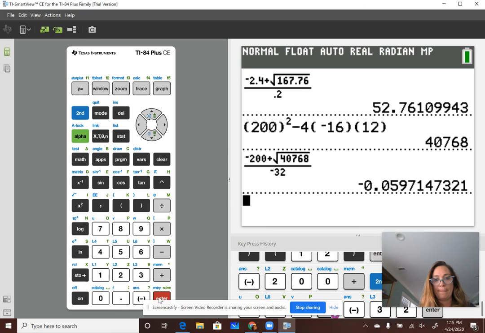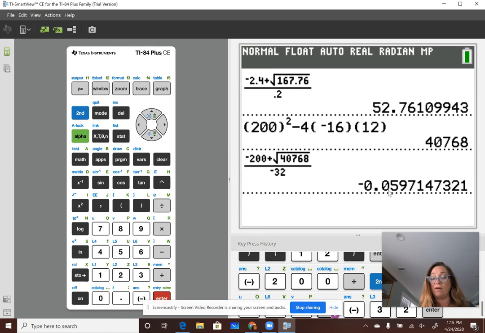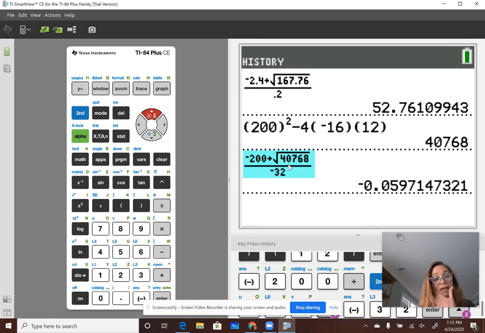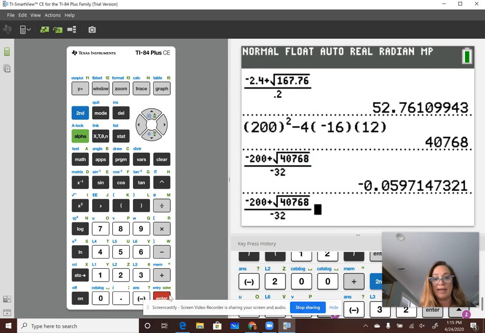Okay. All right, so look, hey, negative answer. That's not good. So that would be rejected because it doesn't fit our domain. All right. So now this is what I do, is I use this up arrow and I get this to be blue. I'm not sure if it's blue on everybody's calculator, but you get it highlighted and you hit enter.